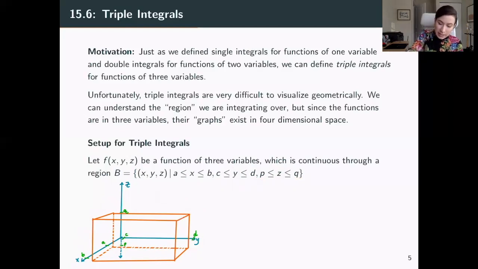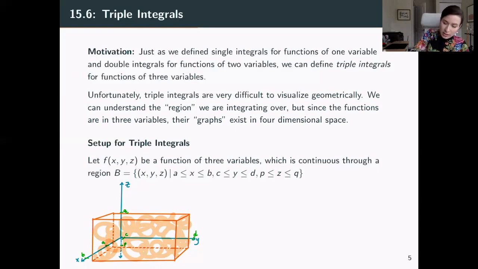Everything that's going to be inside of this volume, these are all going to be the possible inputs into my function. So when I'm trying to understand a triple integral over some region in three-dimensional space, I need to understand what are the possibilities for all of the x, y, z's that are inside of this volume.